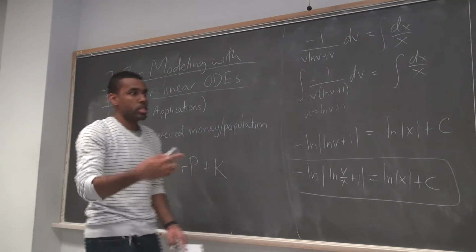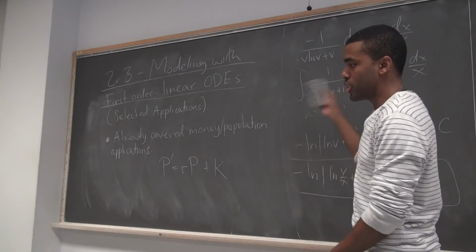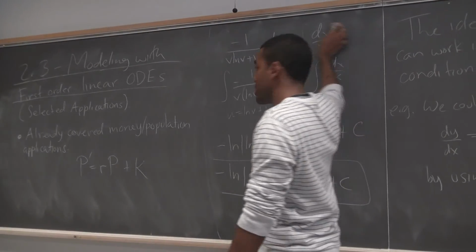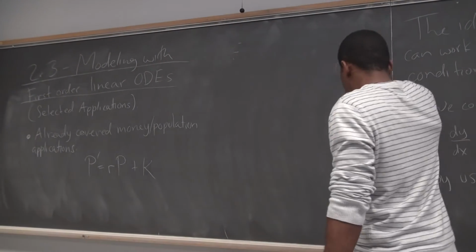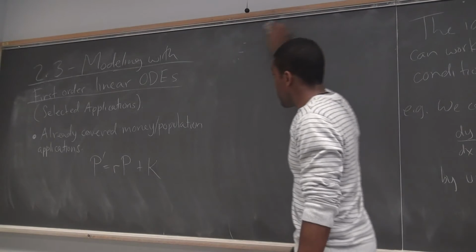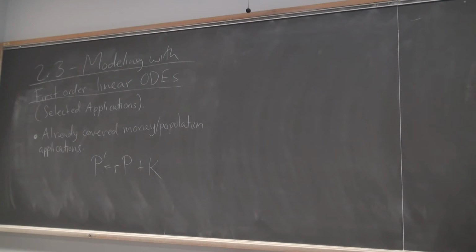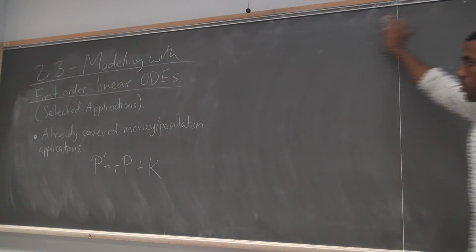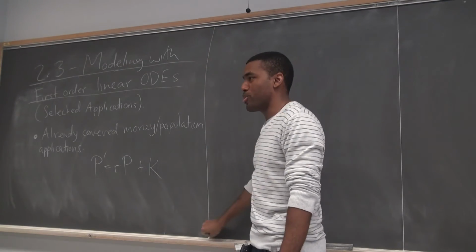Another application is the mixture problems, this idea that you have a tank with some pollutant in it and you're trying to filter it and how long it will take and all that. That's a whole other application, like the more generalized version of that pool example that we had in the beginning. When I do it, I'm going to do it in detail because I'm going to assume that you guys probably don't know what concentration is.